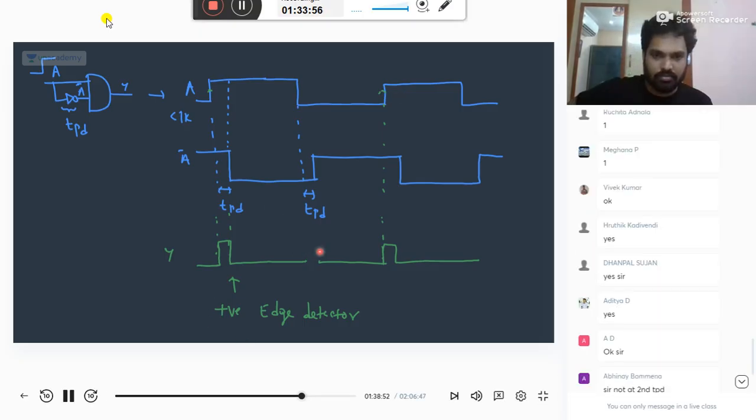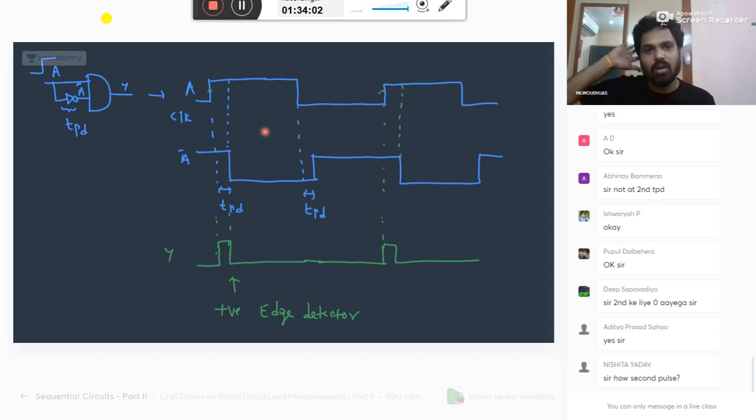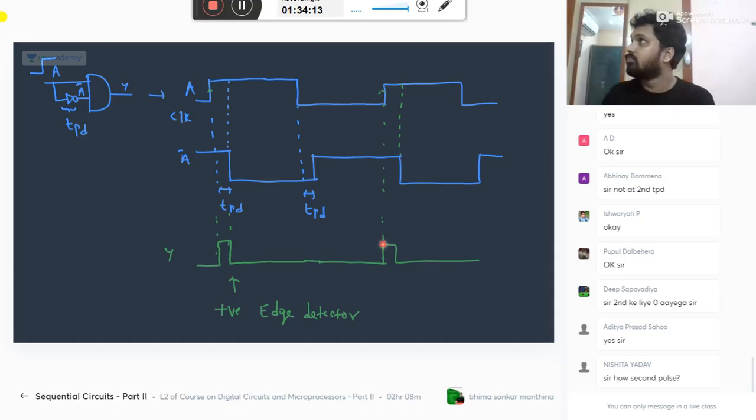So for every clock, during the positive edge, you get a small pulse. So this is what we call an edge detector circuit.